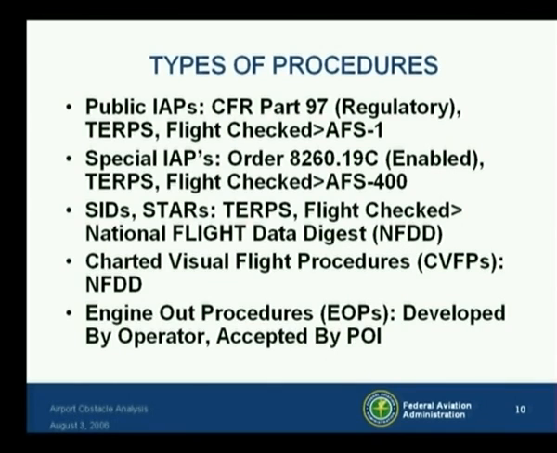CFR Part 97 is 3 pages long, but basically what it does is it says every public instrument approach procedure out there is a rule. And if you are issued, for example, an ILS approach in VMC conditions, you're expected to fly the approach as depicted in the procedure. And if you go missed approach, you're expected to fly, unless someone talks to you, the published missed approach procedure. Special IAPs are made regulatory by Order 8260-19C.